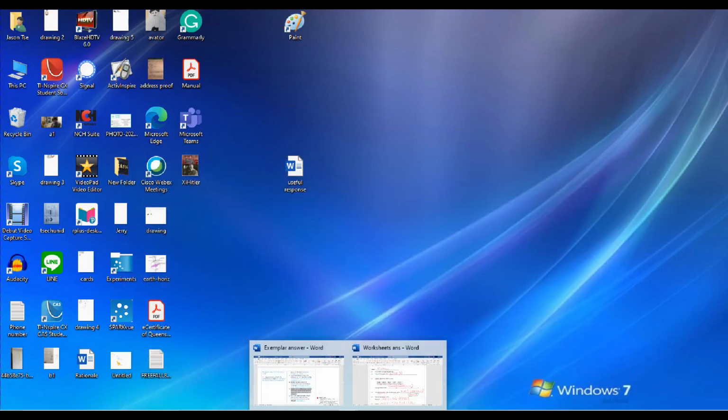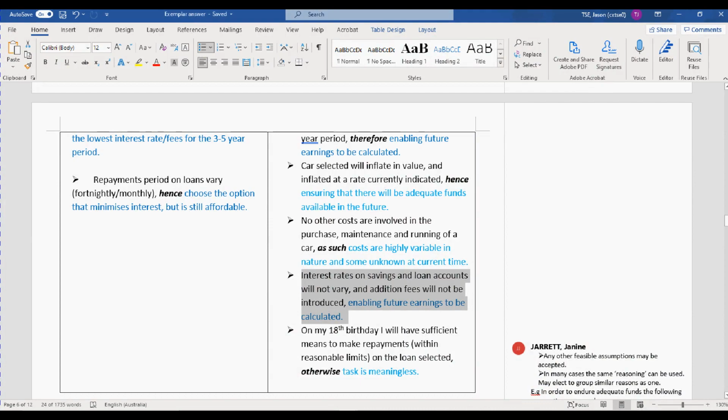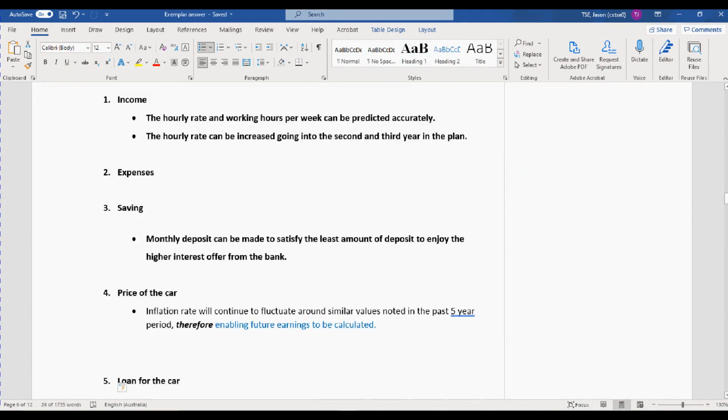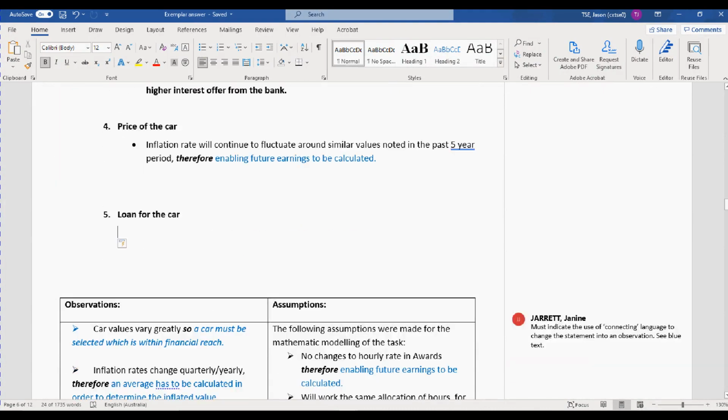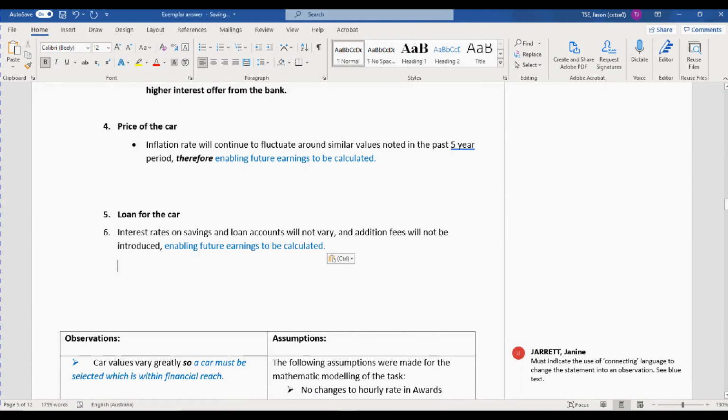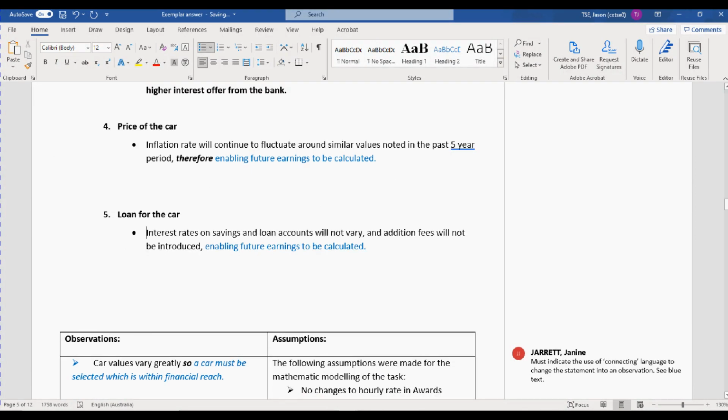Okay, so the loan for the car, the interest rate on savings and the loan account will not vary.